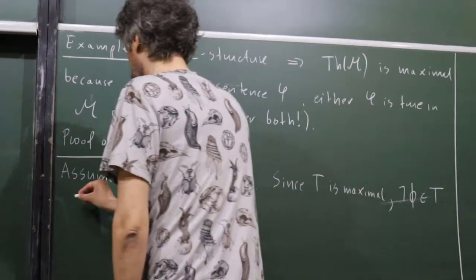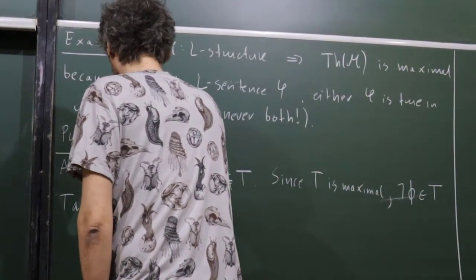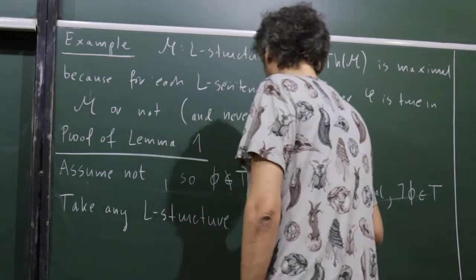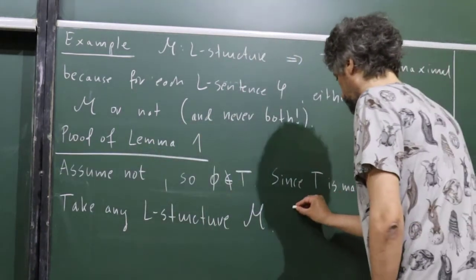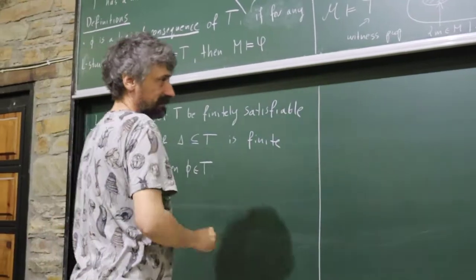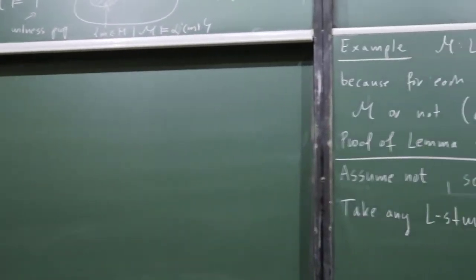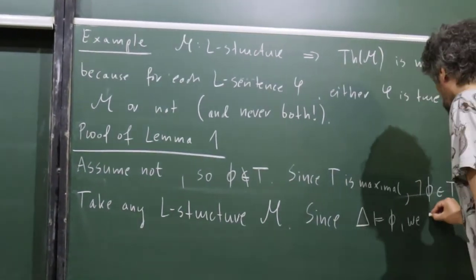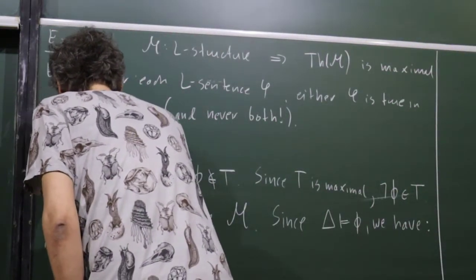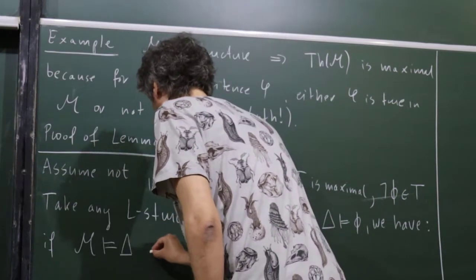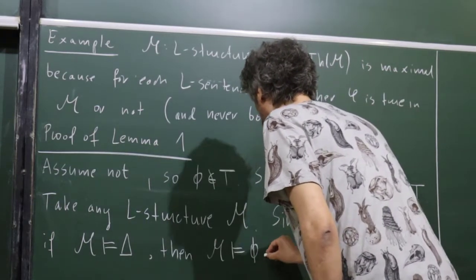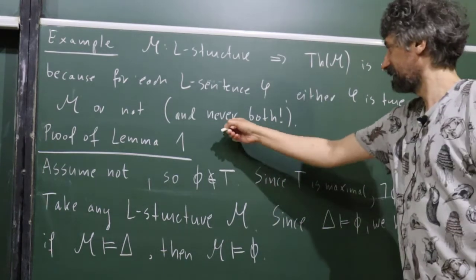So take any L-structure M. Since this phi is a logical consequence of delta, we have that if M models delta, then M models phi. So from this last comment, never both.